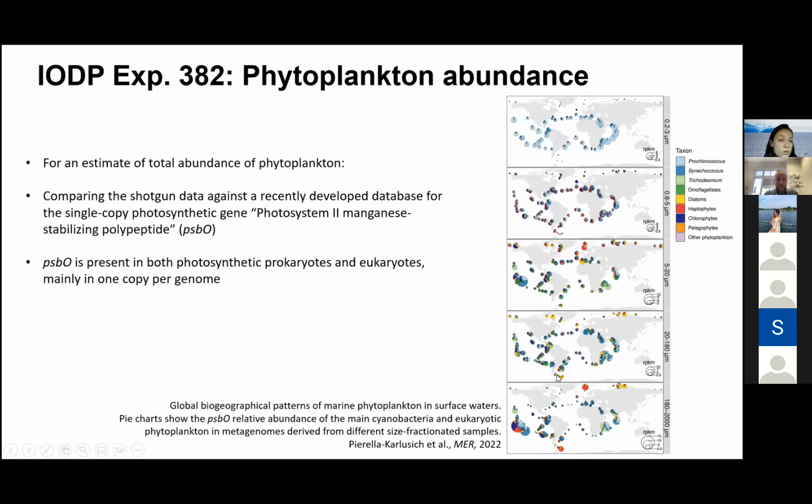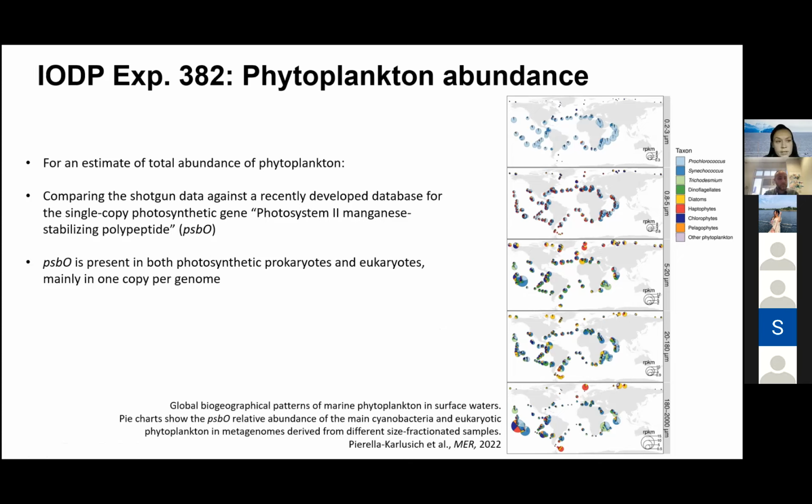It's a global ocean phytoplankton sampling program, sampling from a yacht all around the ocean, creating really extensive data sets of phytoplankton. They developed a database of PSBO, a photosynthetic gene that only occurs in a single copy in each phytoplankton, so we can look at the abundance of past phytoplankton.